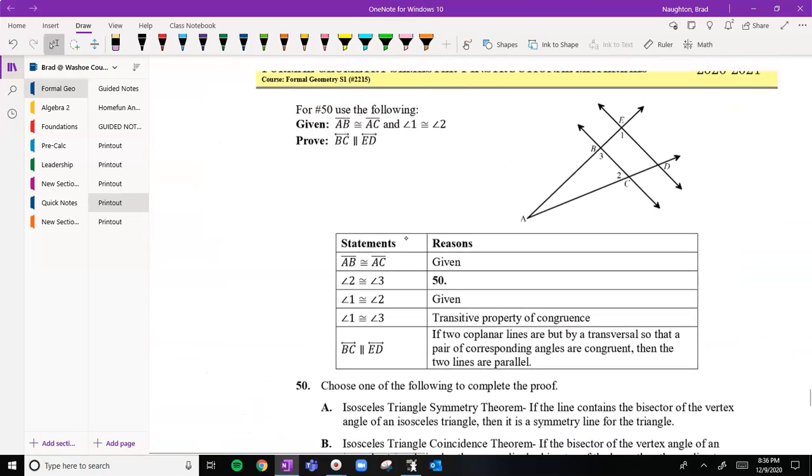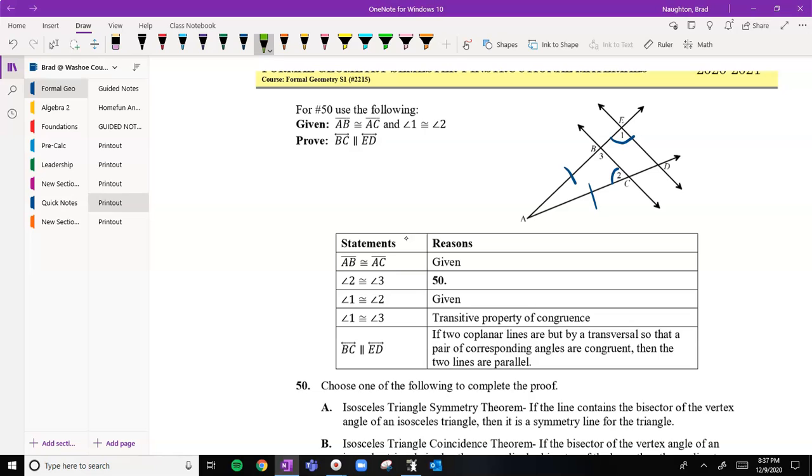Alrighty. So, ladies and gentlemen, boys and girls, we're going to move on to our next one, which is a proof. It says that AB is congruent to AC, and we know that 1 and 2 are the same. So we are going to try to prove that these lines are parallel.